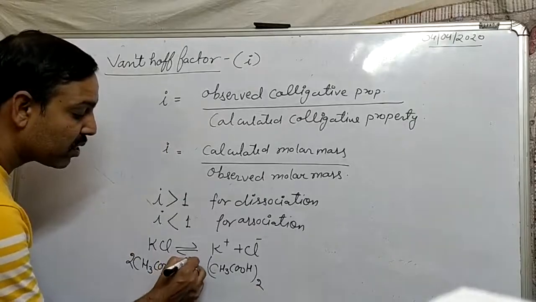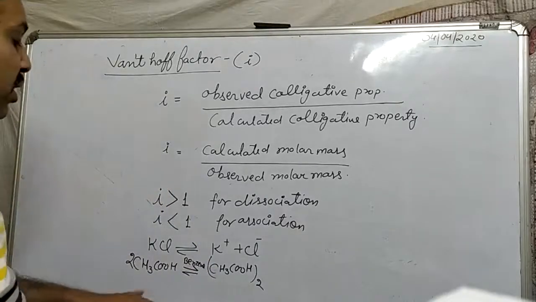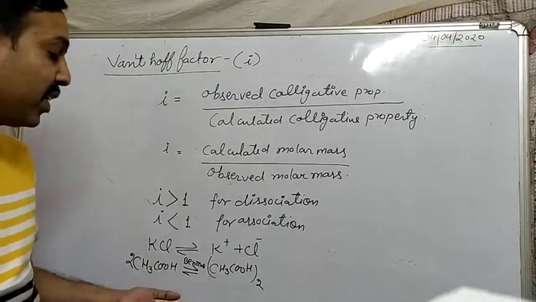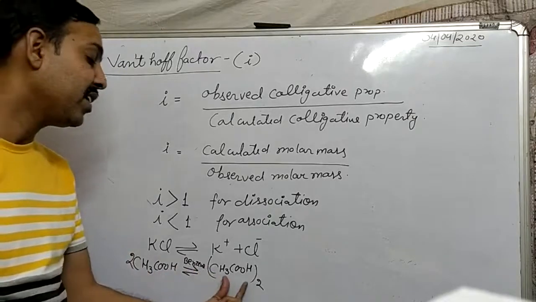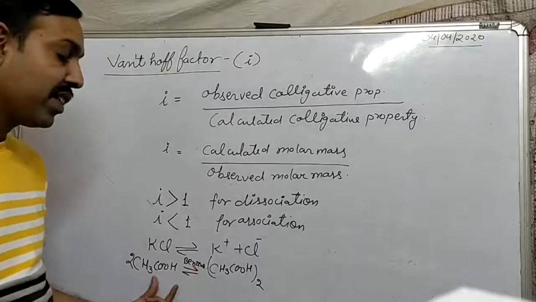When acetic acid is added into water, it dissociates into acetate ion and H plus ion, but in benzene it is associated and forms a dimer of acetic acid.